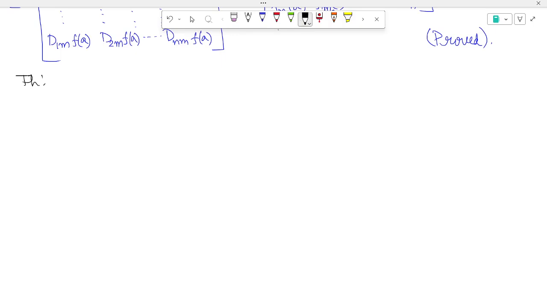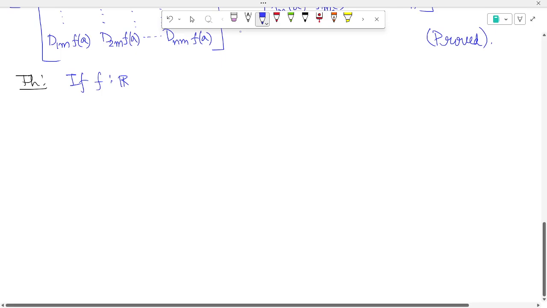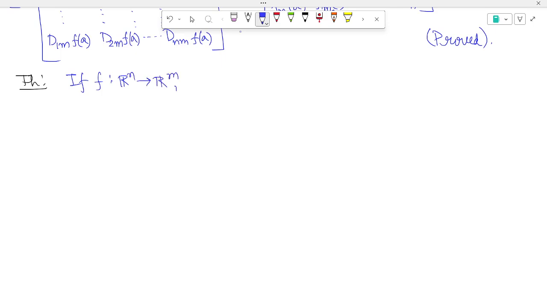So I want to write the theorem first. This says that f is a function Rn to Rm. Just a minute. F is defined from Rn to Rm. A is a point of Rn.